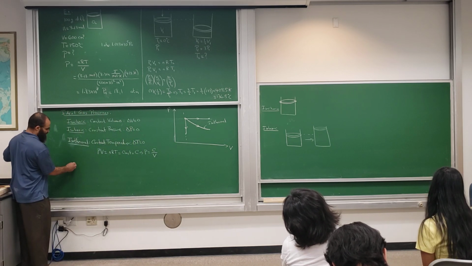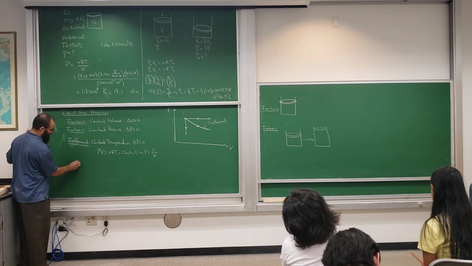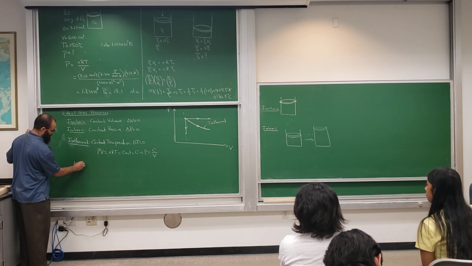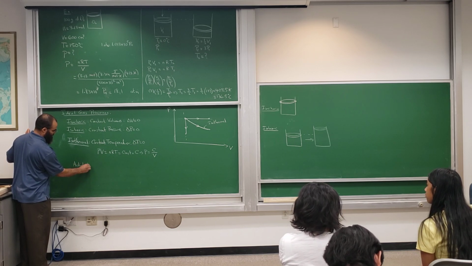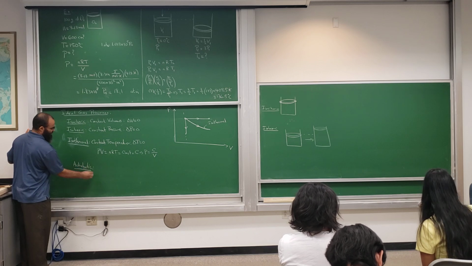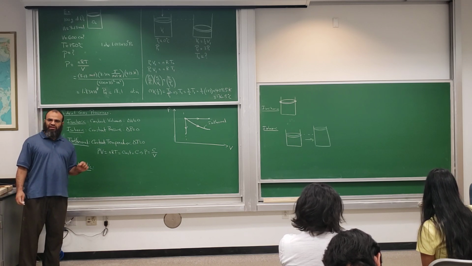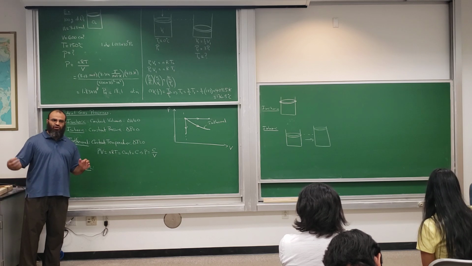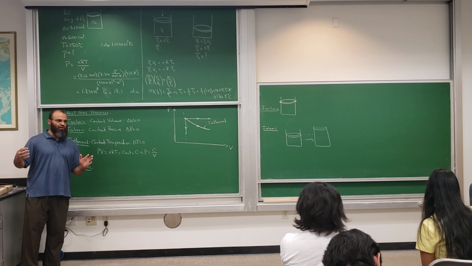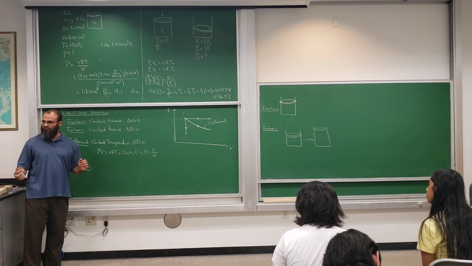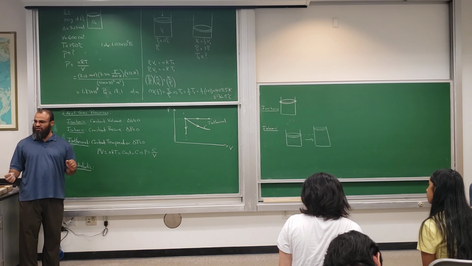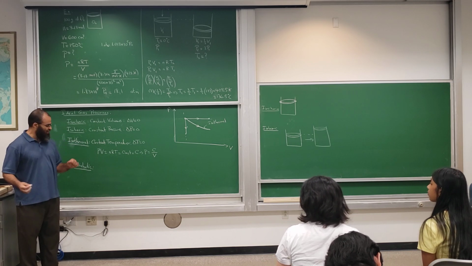And then one last process, which we'll get to later, is called adiabatic. So what's adiabatic? What you do is you insulate something, and you don't allow this thing called heat to enter or leave. We'll talk about heat probably next lecture.